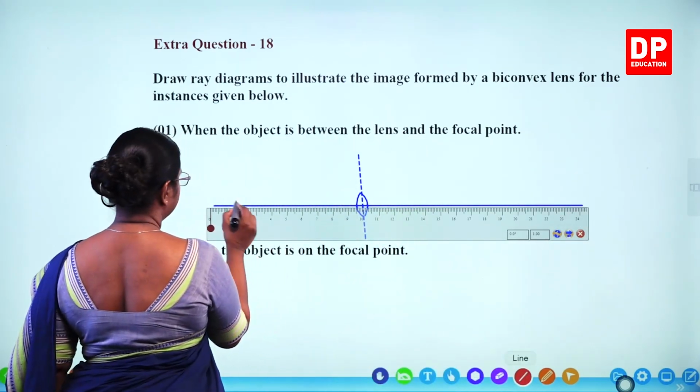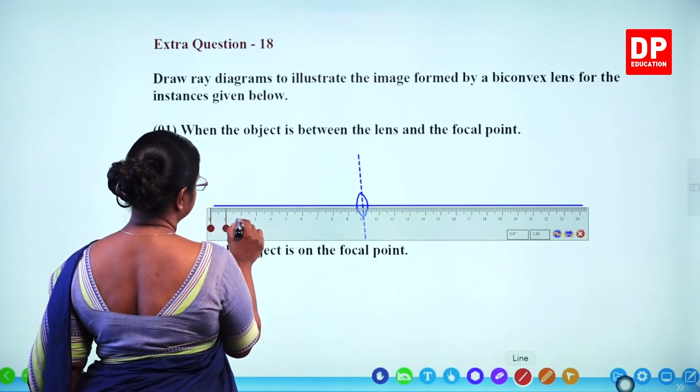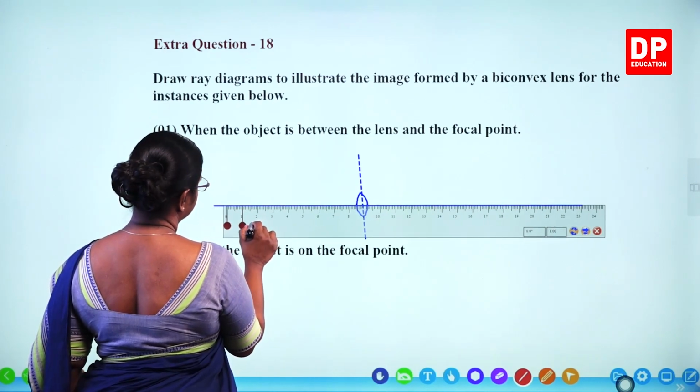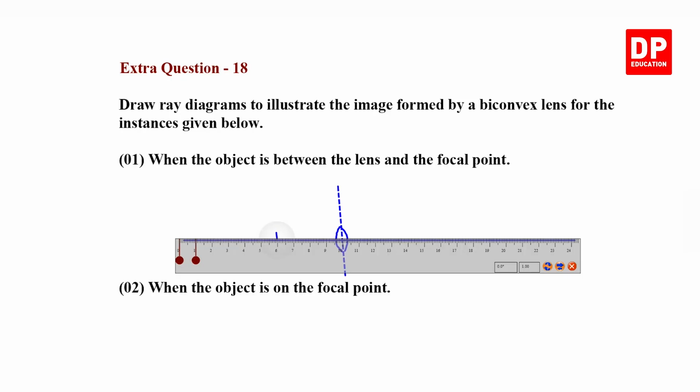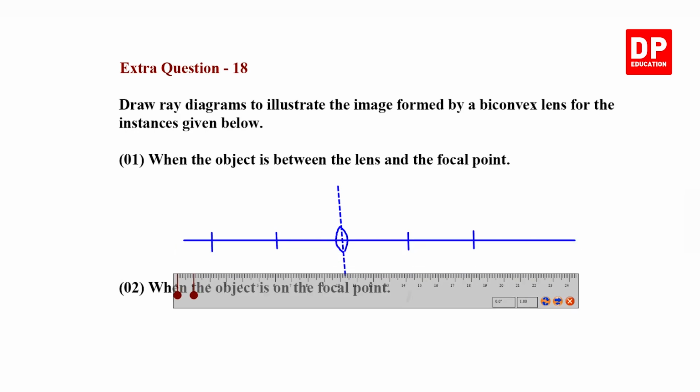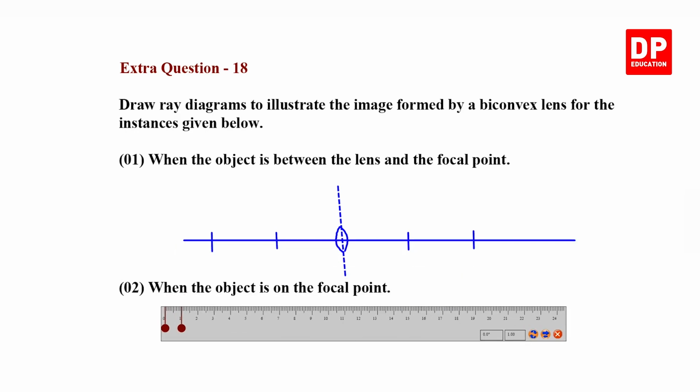Again, I will mark F, 2F, F and 2F. Right. So, we have marked 2F dash, F dash, F, 2F.